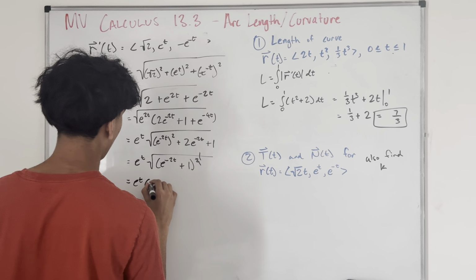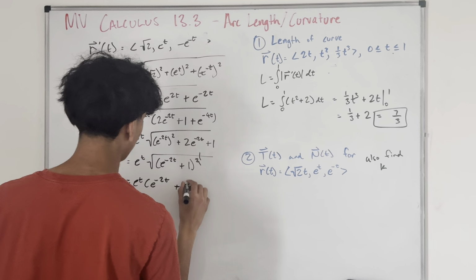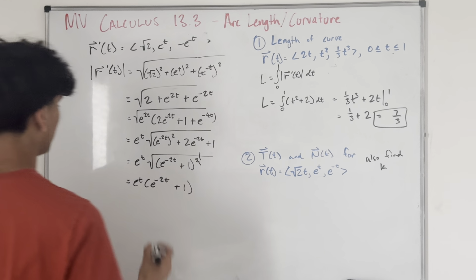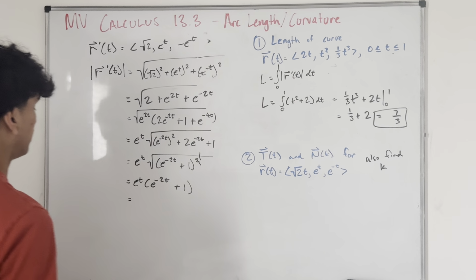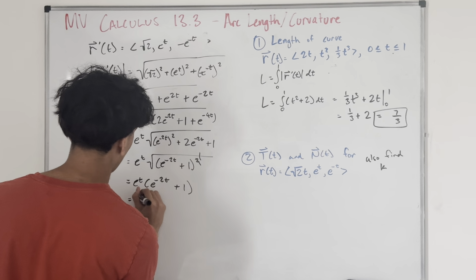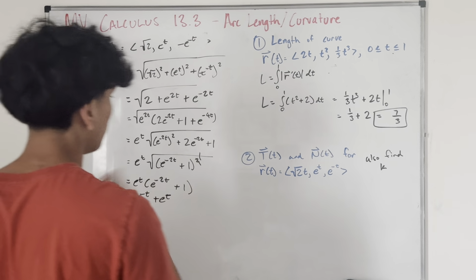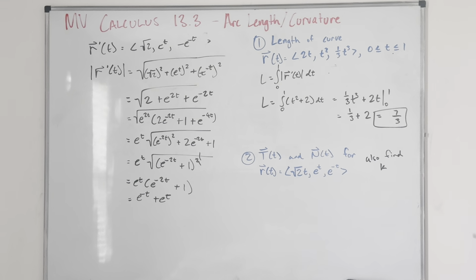So I get e to the t times e to the negative 2t plus 1, and then I get e to the negative t plus e to the t, which is just nicer to work with. You're going to see in a second.